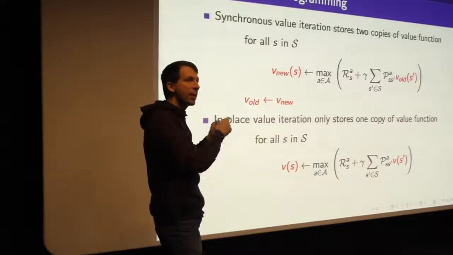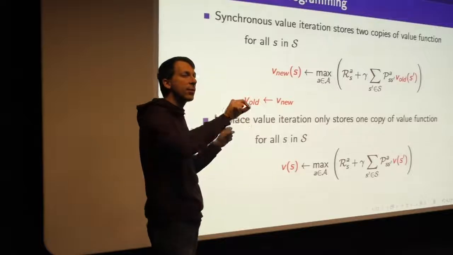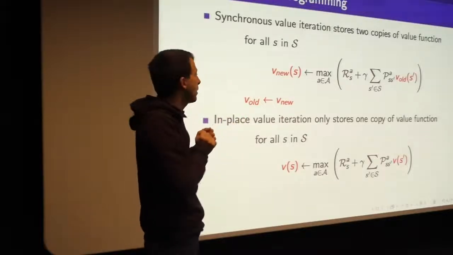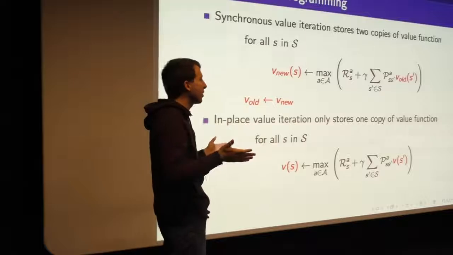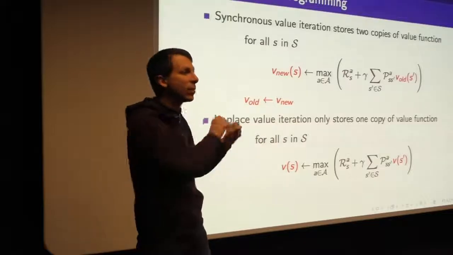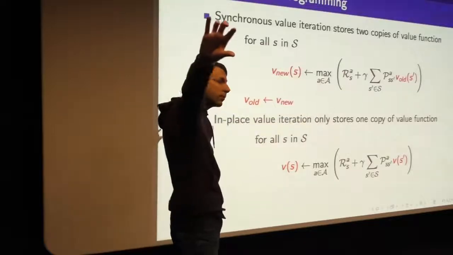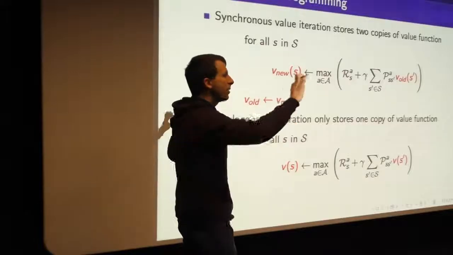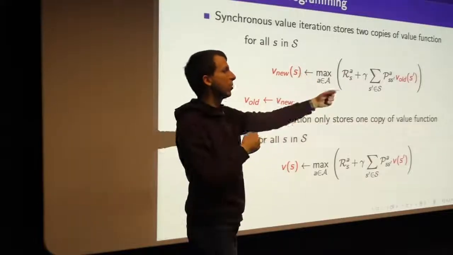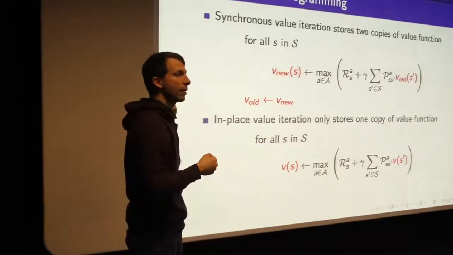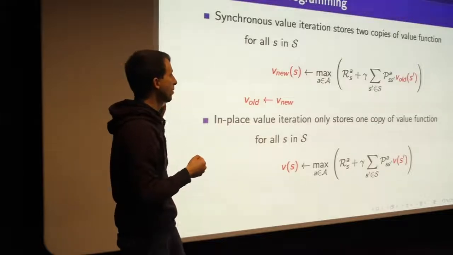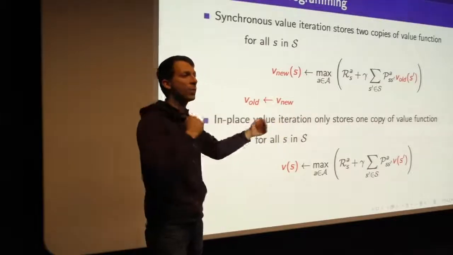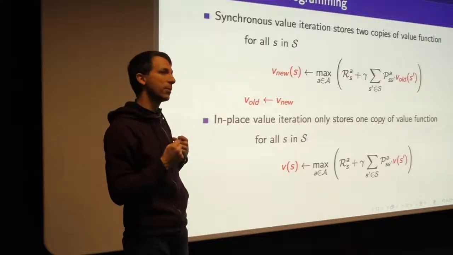The only question now is, how do you order states so as to compute things in the most efficient way? And it turns out, in some problems, you can be much, much more efficient. So imagine you've just got a single corridor, and you happen to sweep over your states in a goal towards source direction. Well, then it turns out that in-place value iteration in one sweep through all of your states will have already computed the optimal solution.